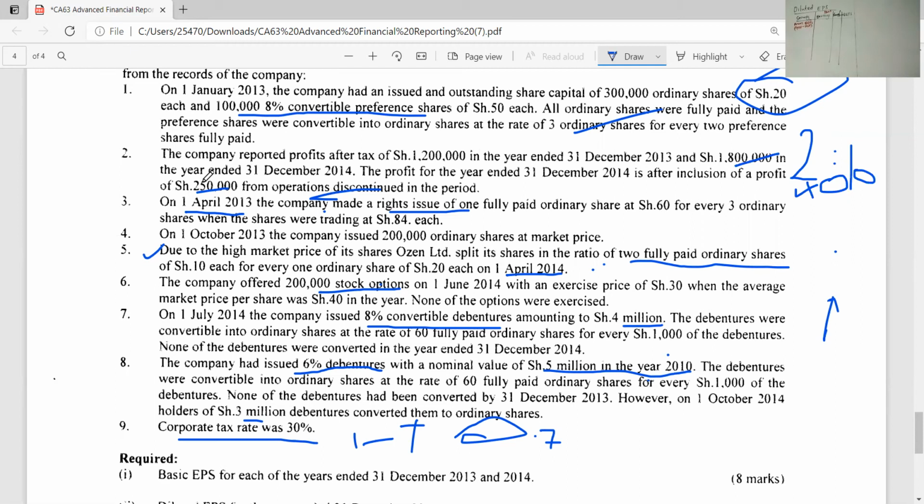So we have to subtract the 250 from the 1,400 we got as our profit, because in order to get that 1,400, we used the total amount from both continuing and discontinued. So that is why I'm subtracting 250.